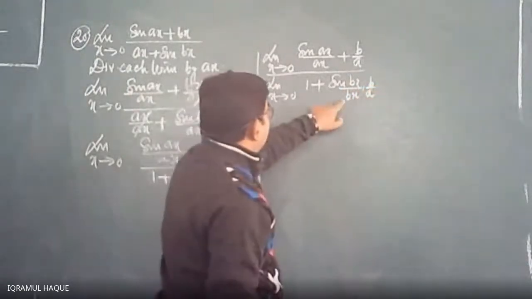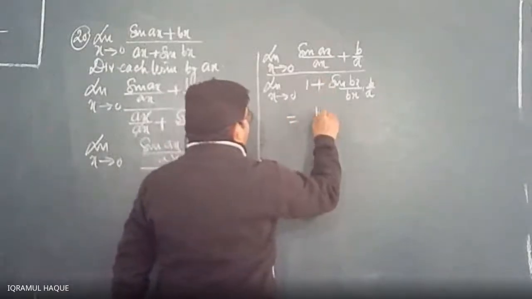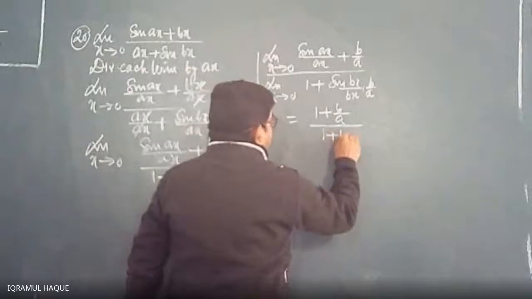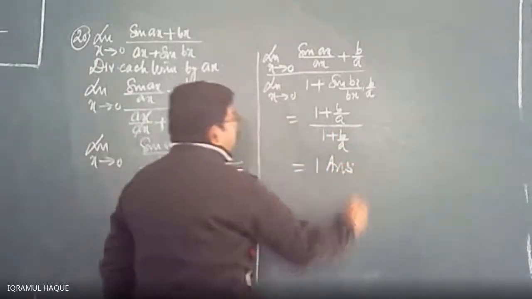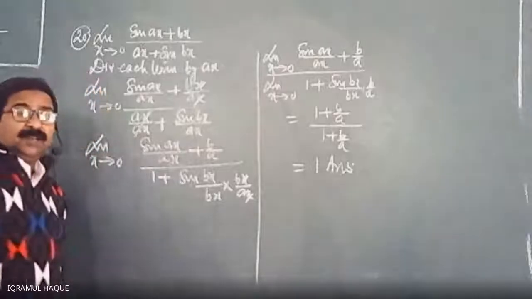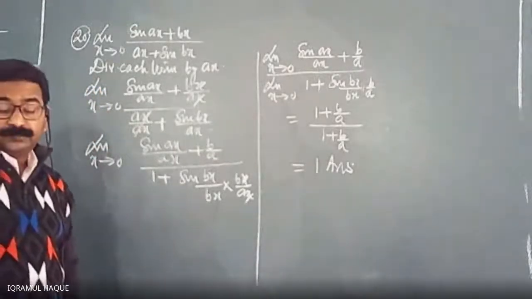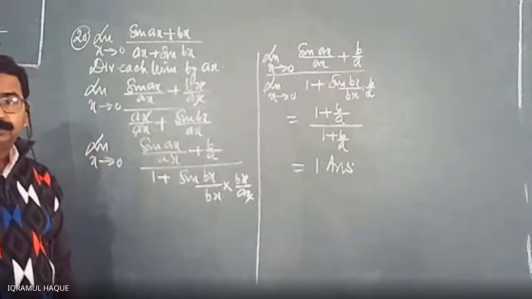So this becomes 1. So we have left 1 plus b upon a upon 1 plus b upon a. So answer is 1. Both numerator and denominator are the same term. So answer is 1. Got it?